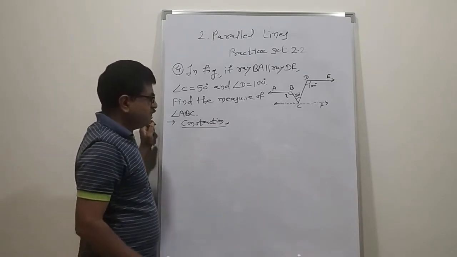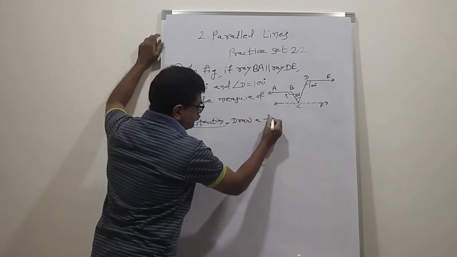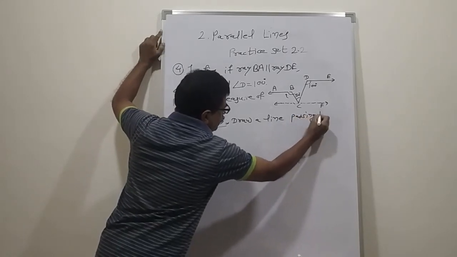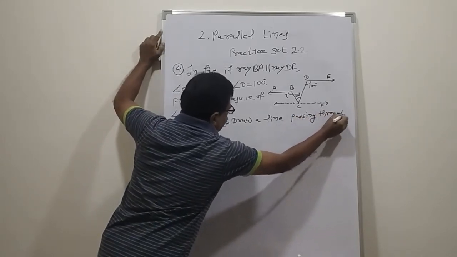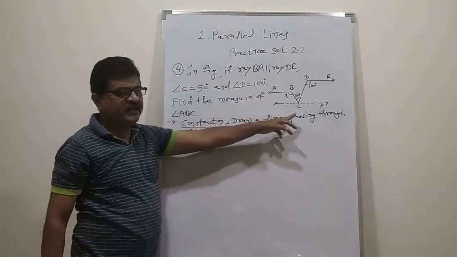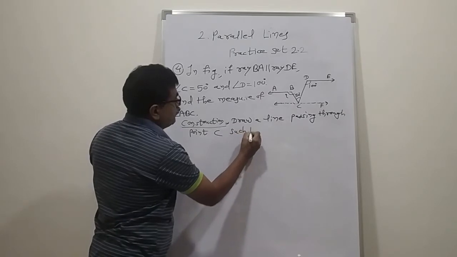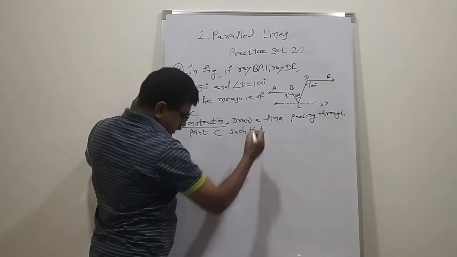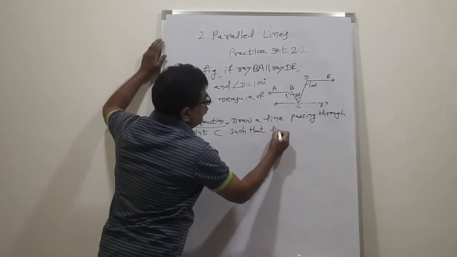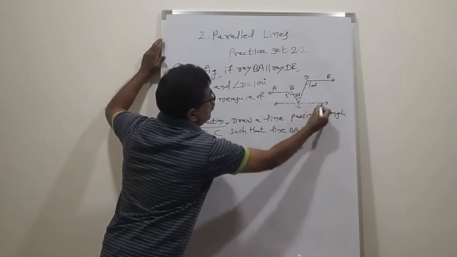Now the construction: draw a line passing through point C such that line AB, or line BA, is parallel to line CF.